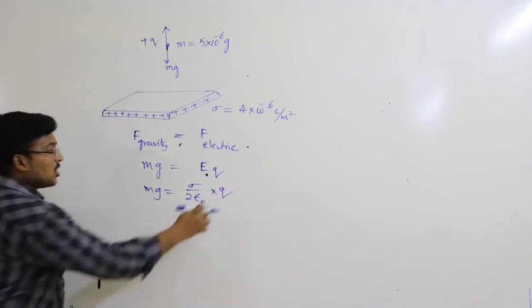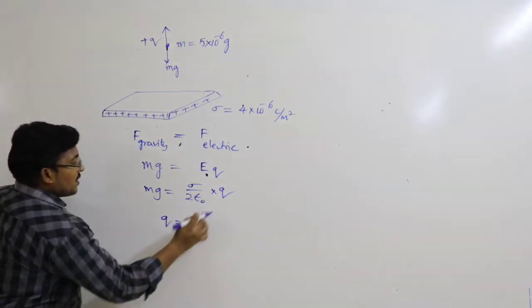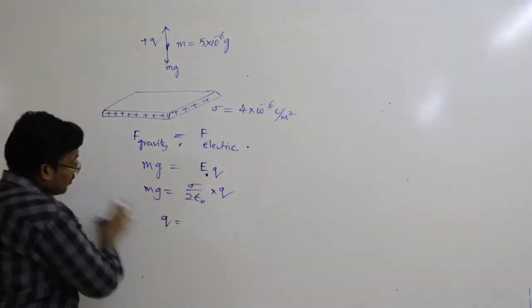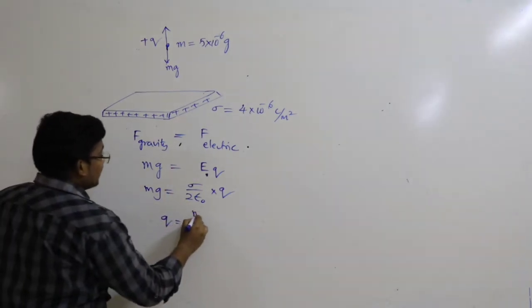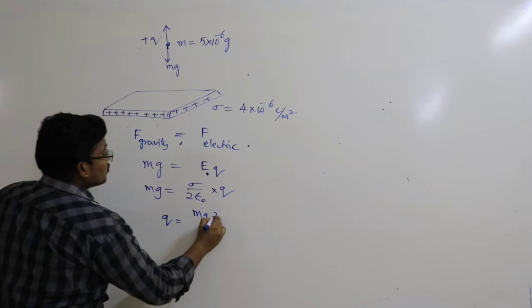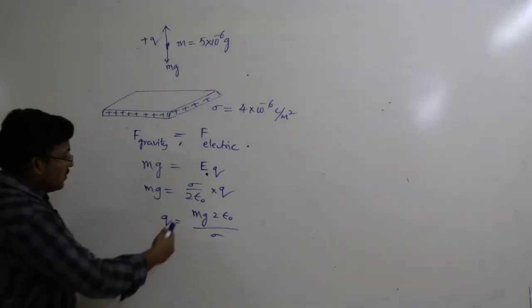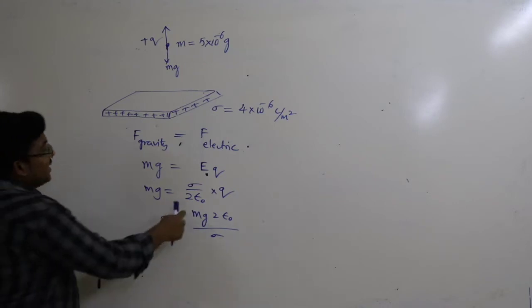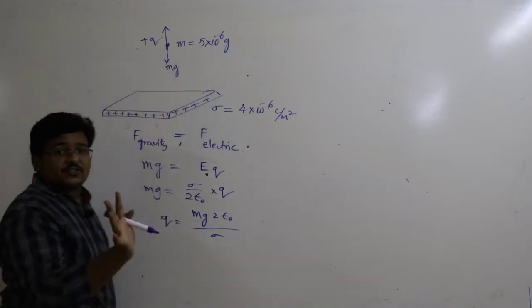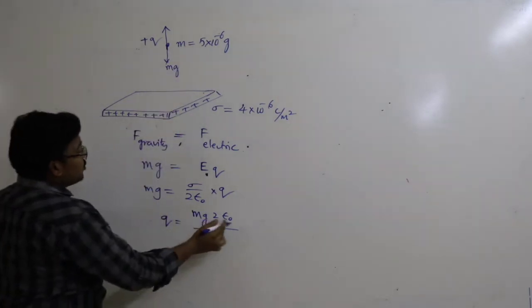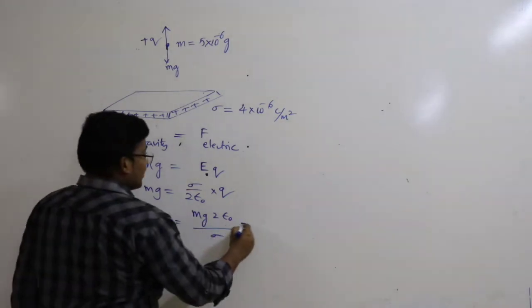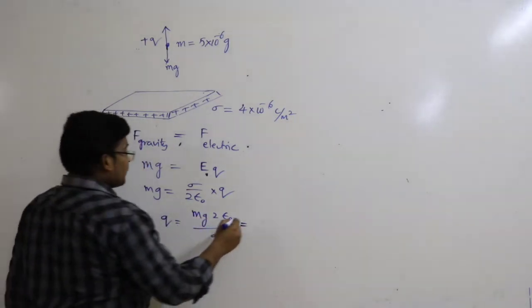So we want the charge Q. Keep this as the subject and take all the terms to the other side. So it will be Q equals mg into 2 epsilon naught by sigma. They have given the mass. Take g value 9.8, 2 into epsilon naught value 8.85 into 10 power minus 12.